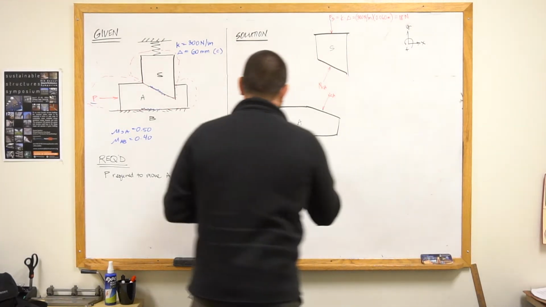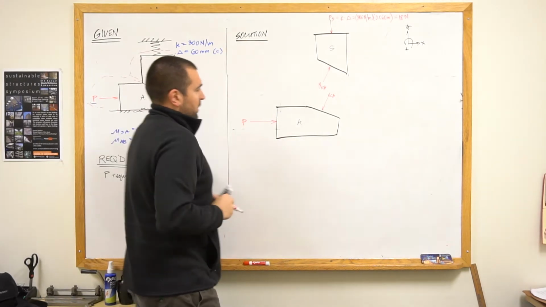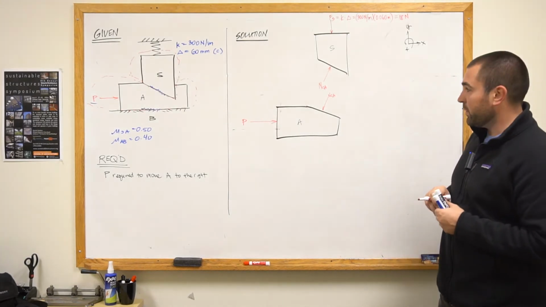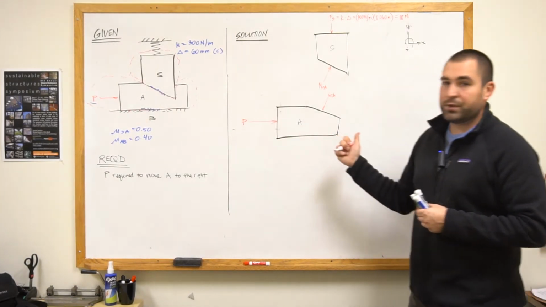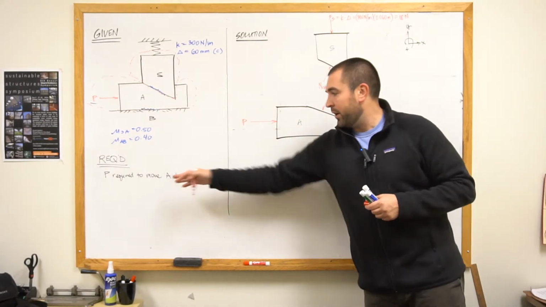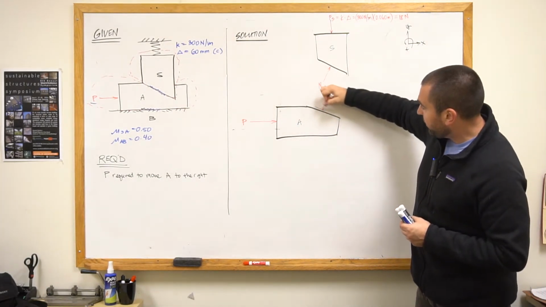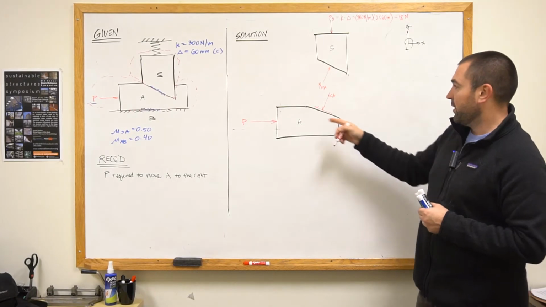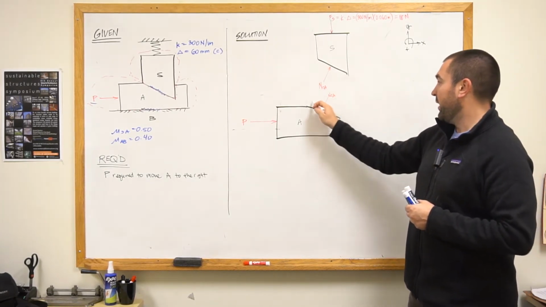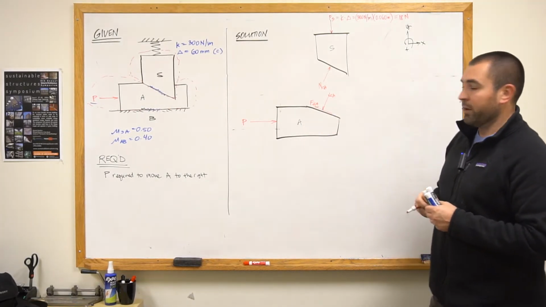To figure out which direction to assume for the friction forces, I think it's also helpful to draw the imposed force. So P is pushing to the right. The question asks us to figure out how much P is required to get A to move to the right, and so our friction forces need to be predominantly in the direction to oppose that. So the friction force on this wedge is opposing that movement to the right, and that friction force on interface SA is going to be pointed predominantly to the left.